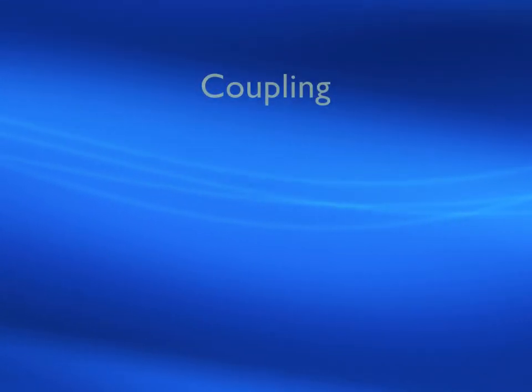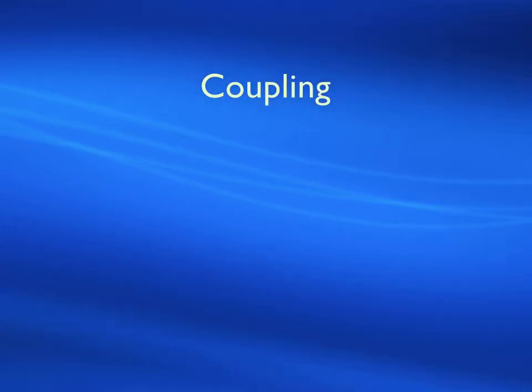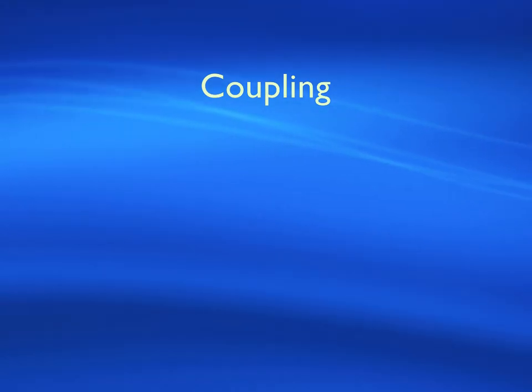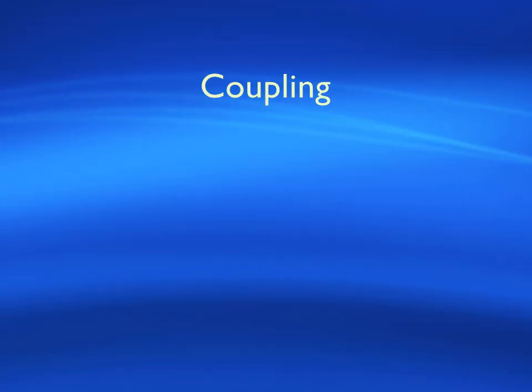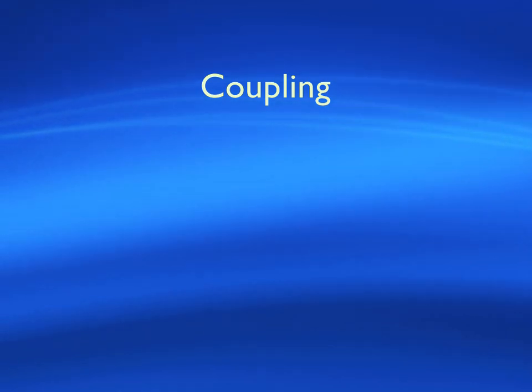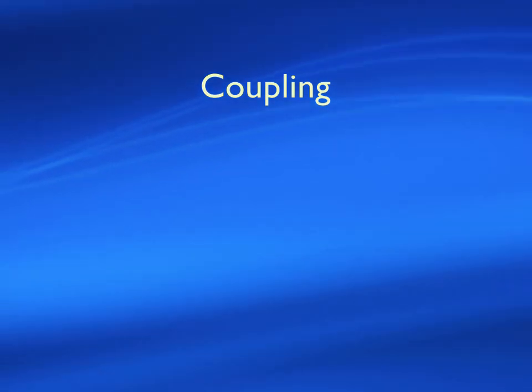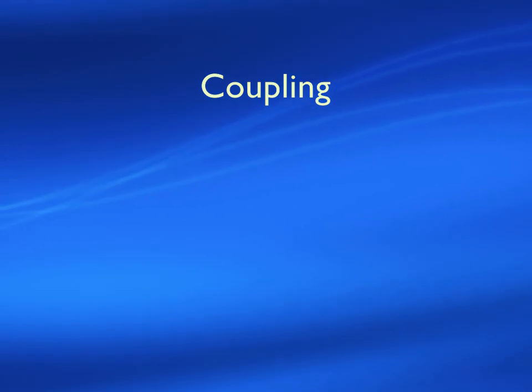I've tried to make the example as simple as possible, really to show that the problem of coupling might not be immediately obvious. But as your system gets bigger and bigger, coupling really can leave you in the state where your application is brittle, the layers are difficult to change, and difficult to test.